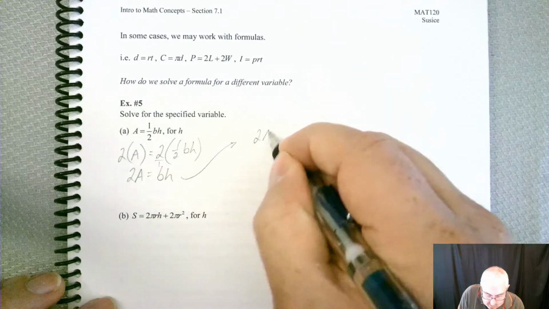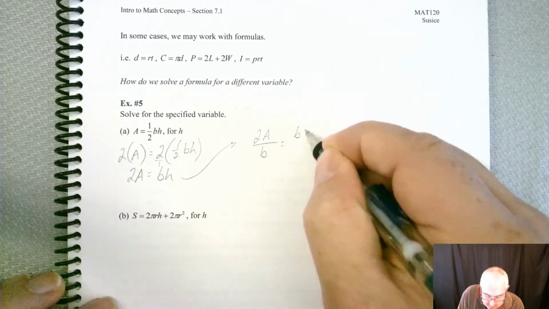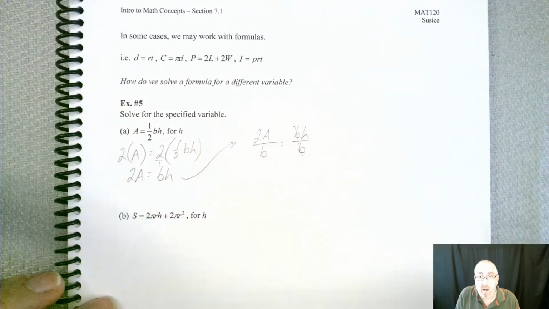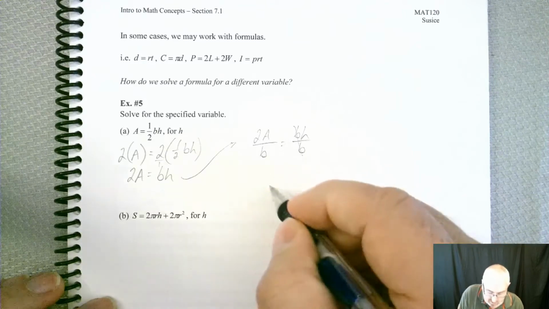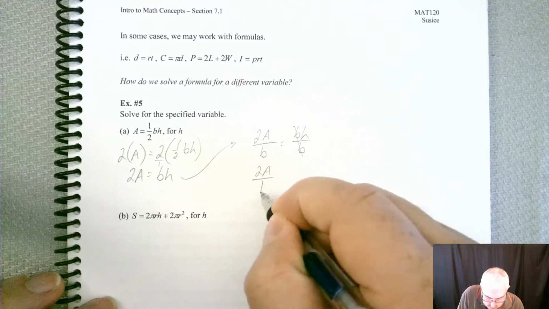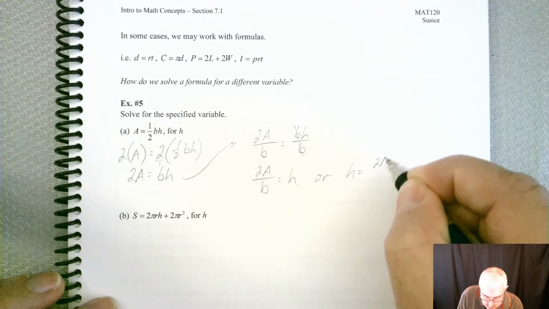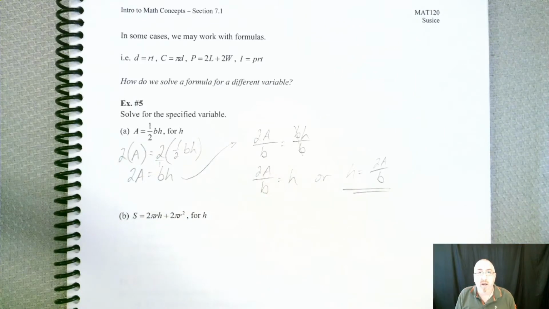So if we take the 2A and divide it by B, and the BH and divide that by B, the Bs are going to cancel, and all you have left is the H, and then you've got this mess on the other side. So H equals 2A over B. Not too bad, right? Hopefully.